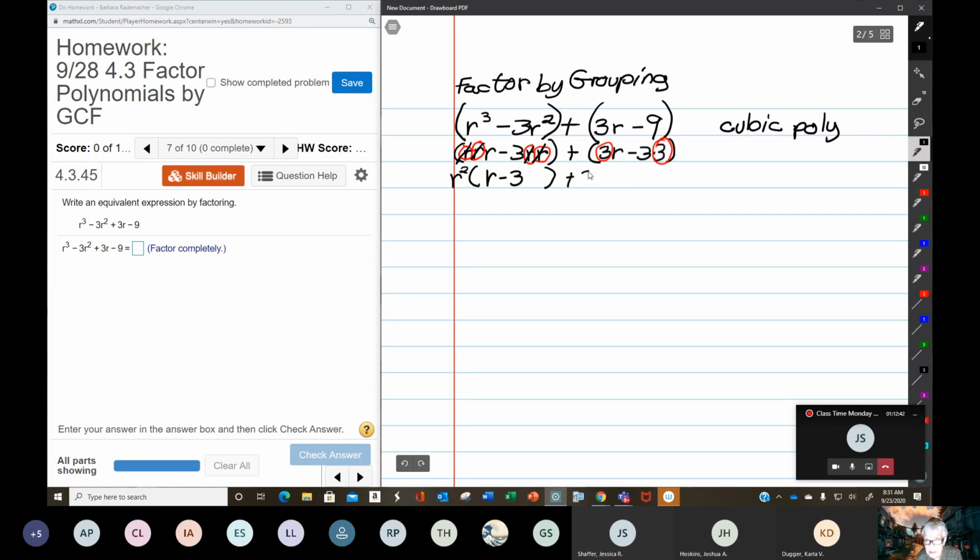So I write down 3 and open parentheses, mark out the numbers I've circled, and then write down R minus 3. I'm not done. I'm not done.